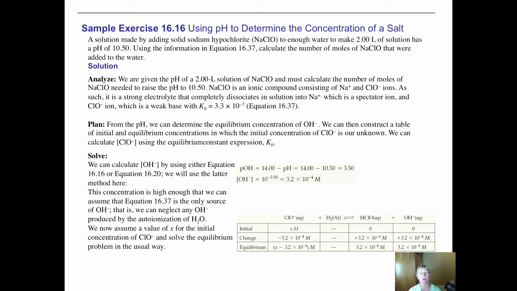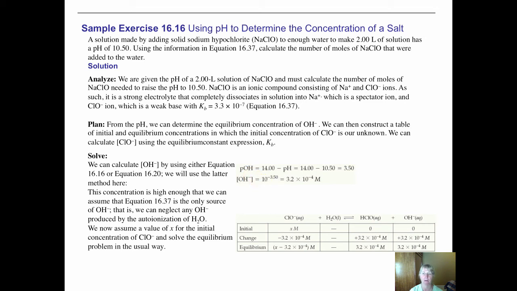You always get to ignore sodium because it acts as a spectator ion, and the expression I would have drawn is down here. The hypochlorite ion can accept a hydrogen from the water you've dumped it into, turning into hypochlorous acid, I believe, and hydroxide. And now we can take the final pH of 10.5 and go backwards, finding the 10 to the negative 3.5.